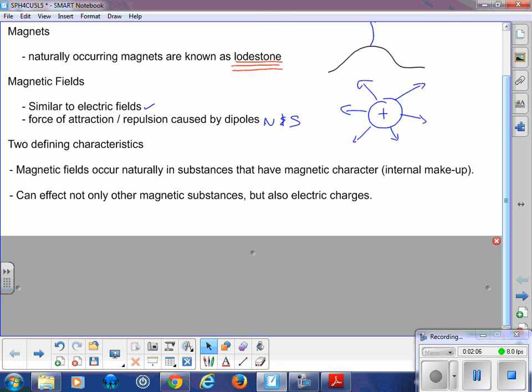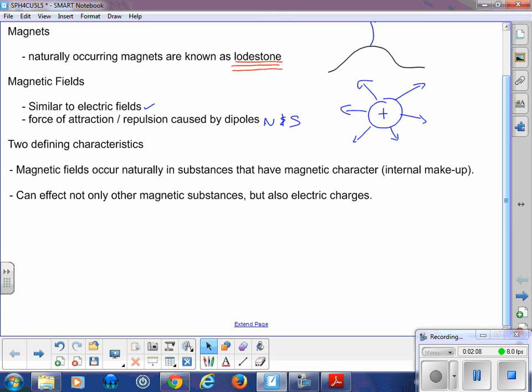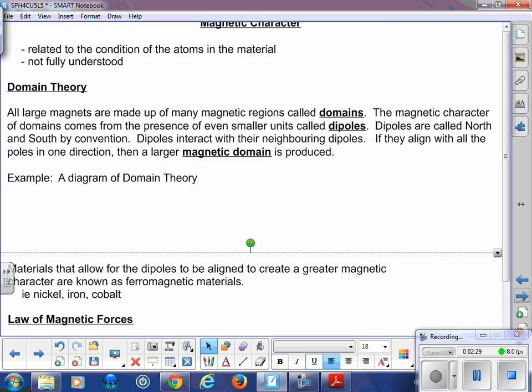If we bring one magnet into the area of another magnet, it can affect the magnetic field, similar to electric. Also, in the next lesson or two, we're going to talk about the connection between magnetism and electricity, which is kind of neat and has allowed for a lot of inventions to occur.